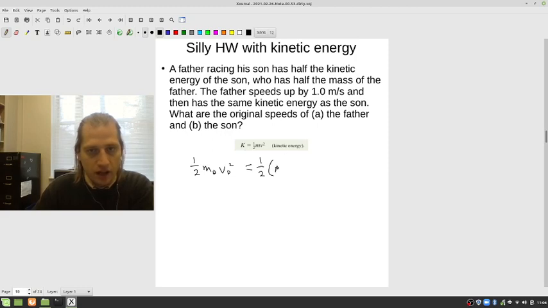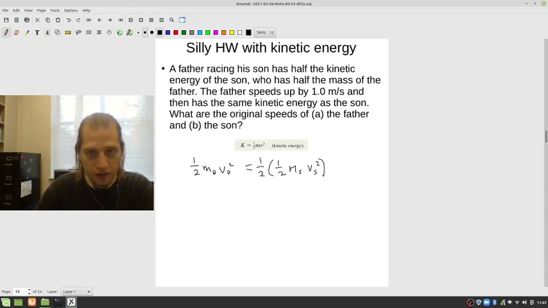So that's 1/2 times 1/2 m son v son squared. Oops, I have to have a 1/2 in there to keep this consistent. So the dad has 1/2 of the kinetic energy of his son.